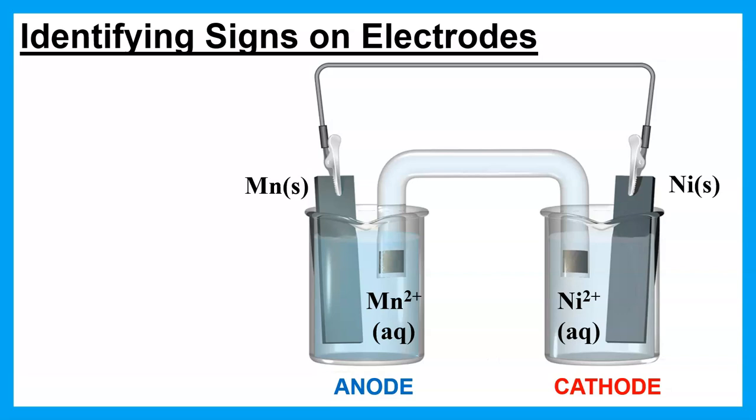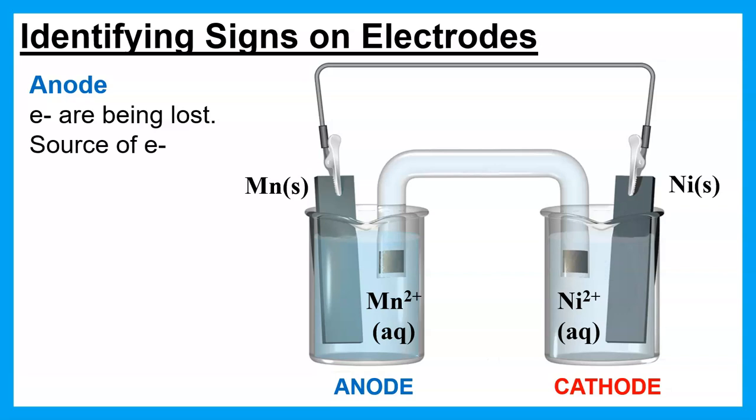All right, the next thing that we want to do is label some pluses and minuses onto our drawing. So once again, we know anode is where the electrons are being lost. And what that means is this is a source of electrons. Sometimes they may say it's electron rich. It has electrons to be getting rid of, right? So we are going to label that with a negative sign.